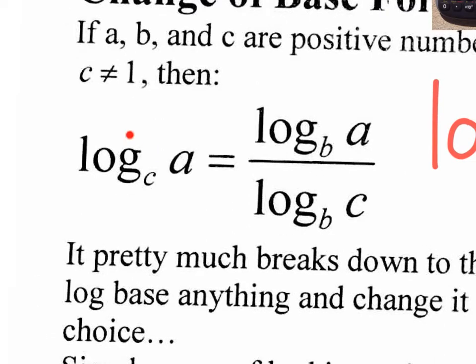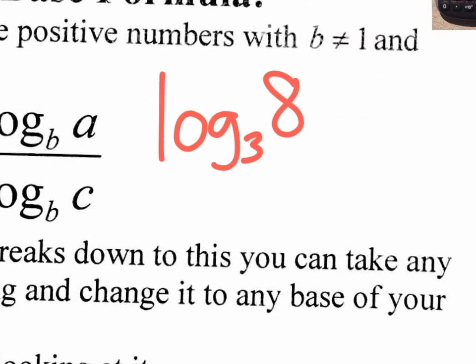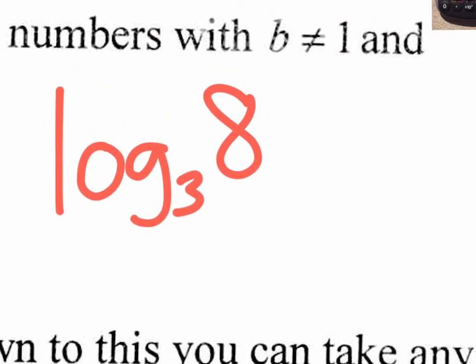It's really saying you could take any log of any base, and you could change it, but it's going to look like a fraction, to the log of the base of your choice. So let's say you wanted to do this on the TI calculator, the Texas Instrument calculator. Texas Instrument could either do common log, which is base 10, or natural log. So if you wanted to change this to natural log, that would be ln.